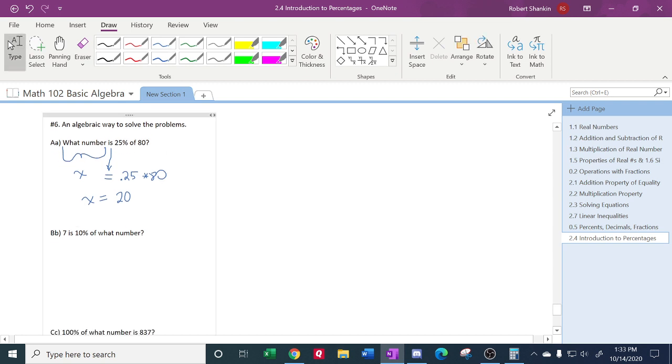All right, so that's the pattern. So you do part B. Translate word for word into an equation. And then you can solve. And then you solve the equation. So, let me give you a little bit of time to translate B into an equation, and then solve the equation.